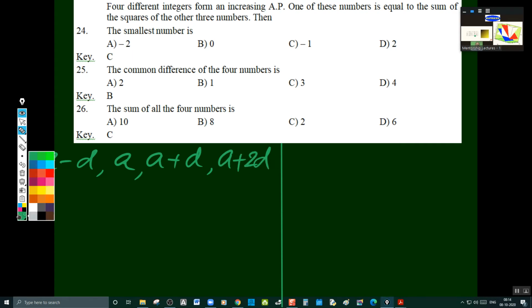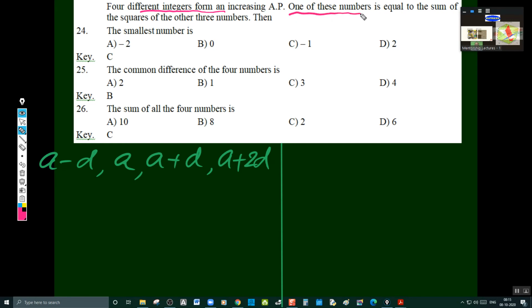And it is very much given that these are four different integers. Don't forget that. These are four integers. So your result must be an integer.